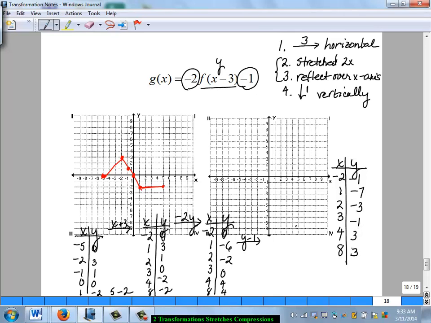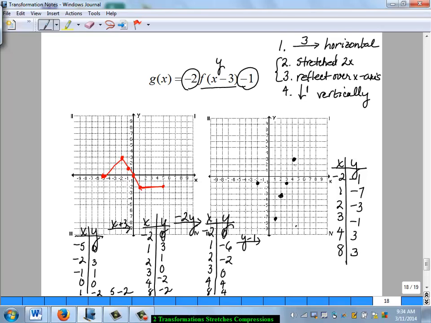Okay, so now when I graph this, let's see what happens. So I have negative 2, negative 1. Then I have 1, negative 7. All right. Then what do I have next? 2, negative 3. 3, negative 1. 4, 3.